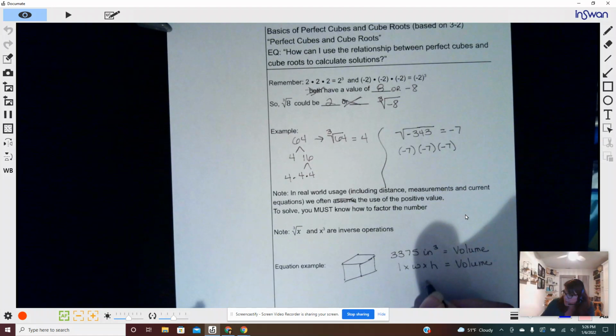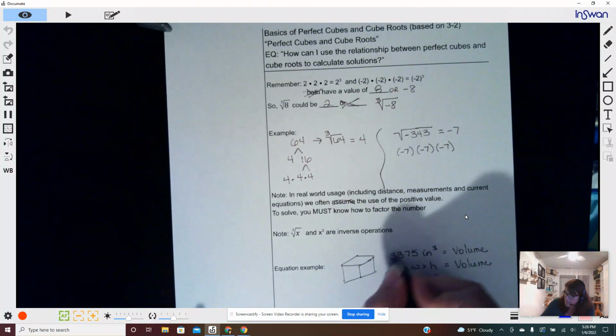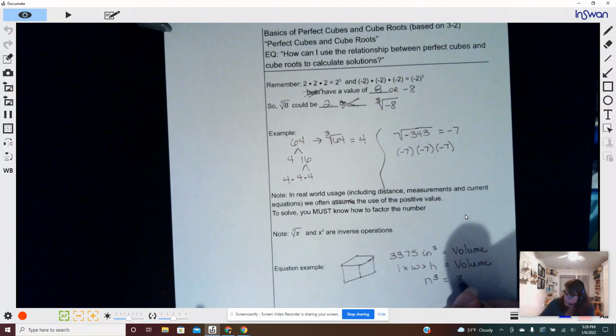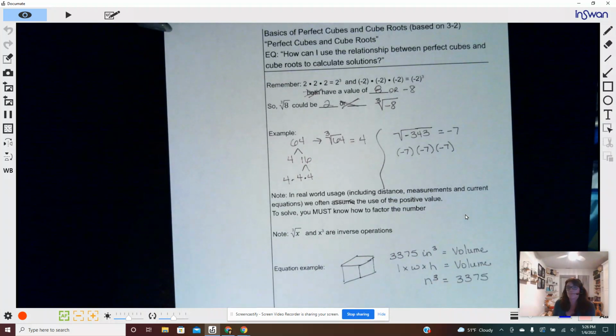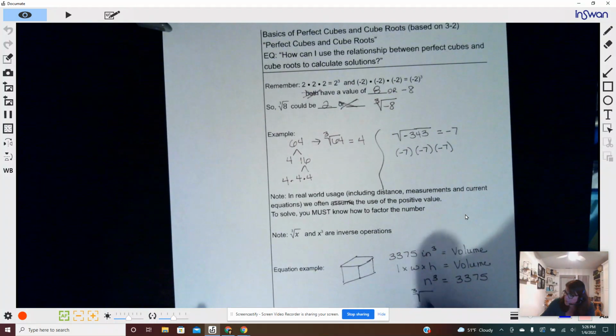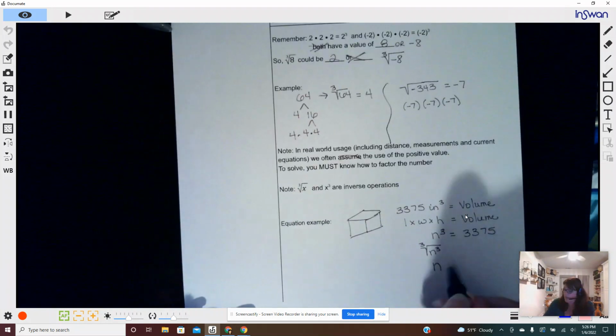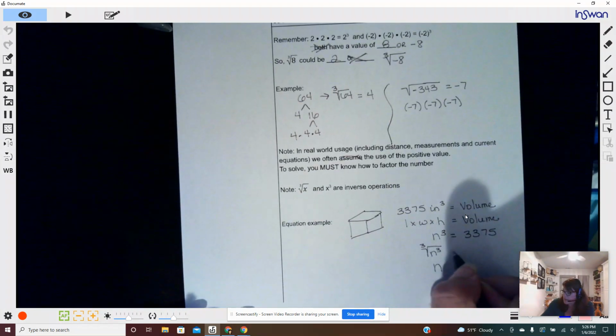So it's going to be, I'll use n. n cubed is going to be this amount, 3,375. So if I find the cube root of n cubed, I just get n, because they are inverse operations.